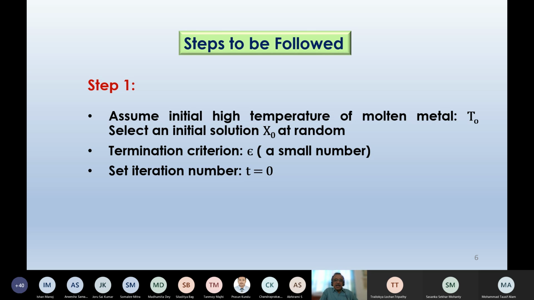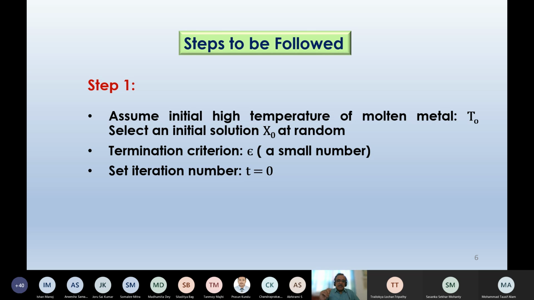Now there must be one termination criterion, okay? Otherwise, you cannot stop that particular algorithm in the computer program. That termination criterion is denoted by epsilon, and epsilon has a small numerical value. I'll be discussing it. Actually, what we do, for each iteration, we try to find out the level of energy, and we calculate the difference in energy.